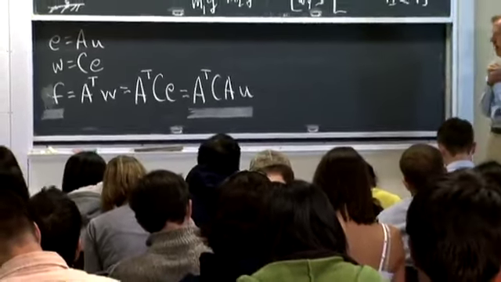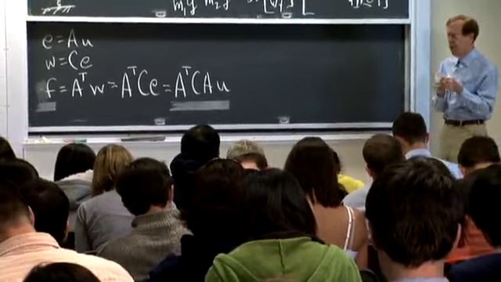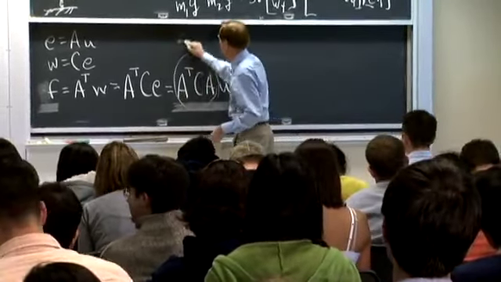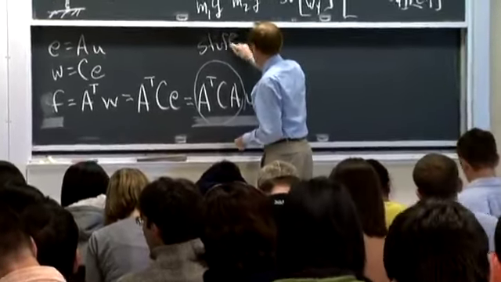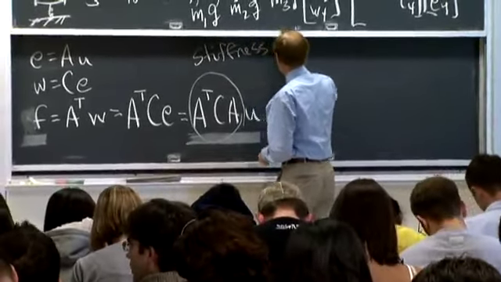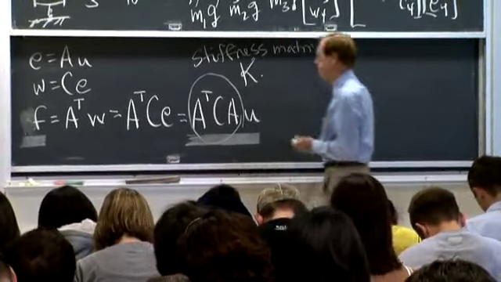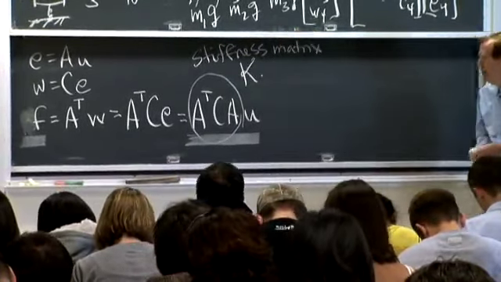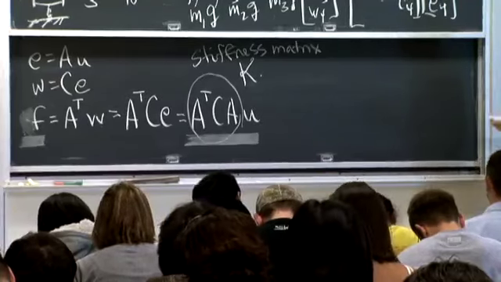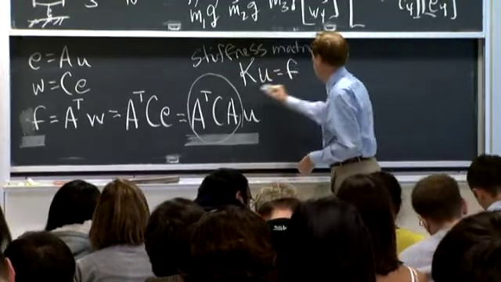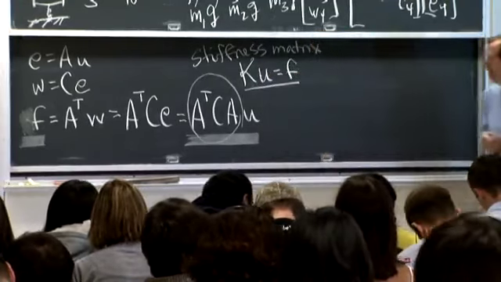That's the equation you have to solve. This would be called the stiffness matrix, and I use the letter K for that one. So our equation is KU equal F. This is our final equation, right?